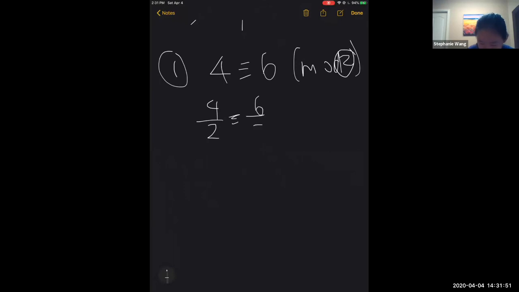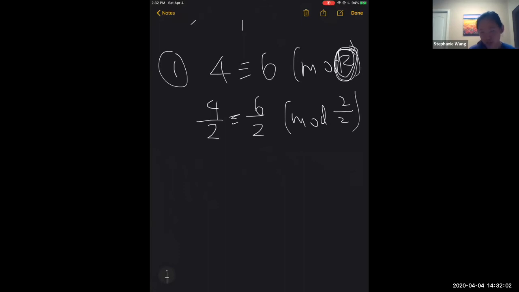If we have 4 is congruent to 6 mod 2, we can only divide if we want to divide by 2, and then we also have to divide the mod by 2. So you have to do 4 divided by 2 is congruent to 6 divided by 2 mod 2 divided by 2. If we wanted to divide both sides by something that's not divisible by the mod, then we can't do it.